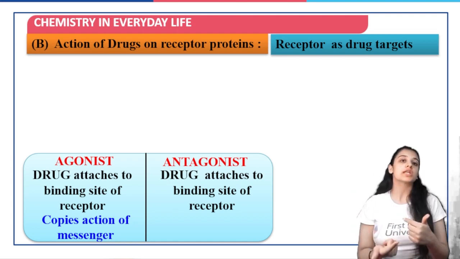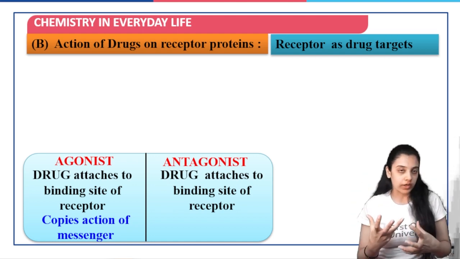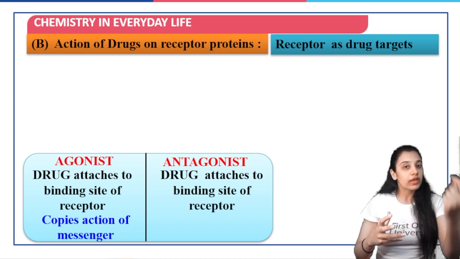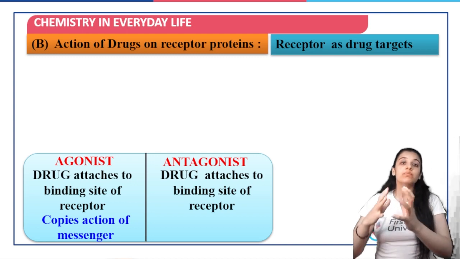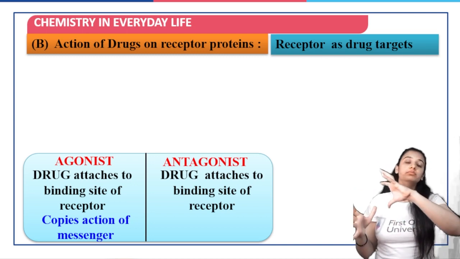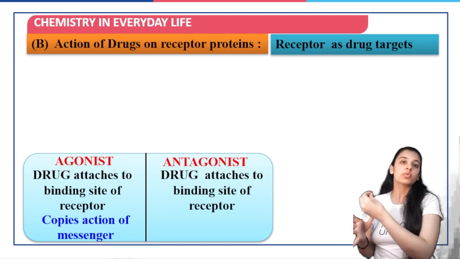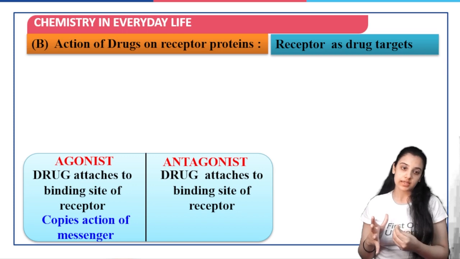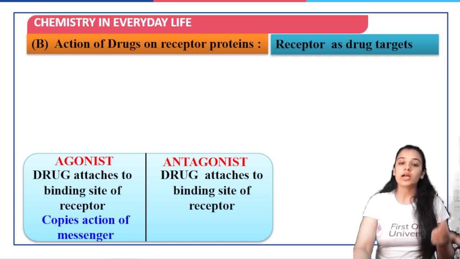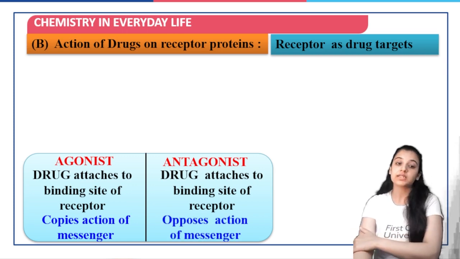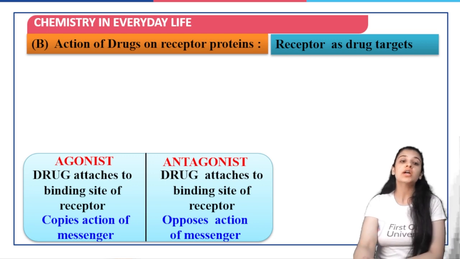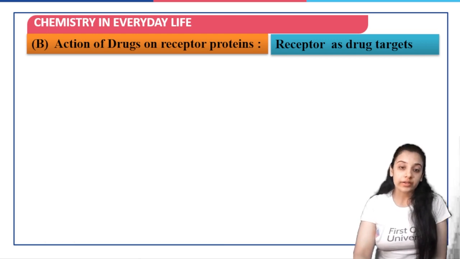That will result in some disease in the body. Since we do not want that, we take a drug that binds to the rest of the sites, and only 10 molecules of the natural chemical messenger bind to the active site. In such a case, where the drug attaches to the binding site of the receptor and opposes the action of the messenger, the drug is called an antagonist.